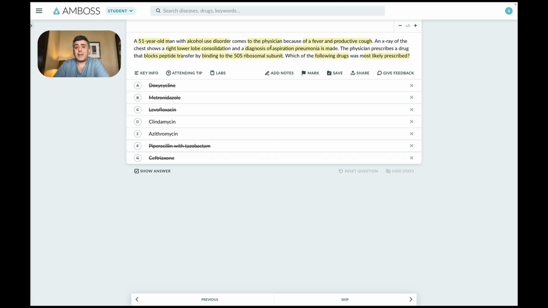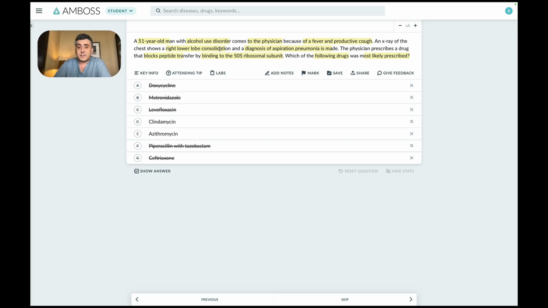Now we need to know that aspiration pneumo, clearly because it's alcohol use disorder, fever, productive cough, x-ray, consolidation, right lower lobe, classic textbook presentation of aspiration pneumo. They might never tell you aspiration pneumo, but they present to you the foul smelling sputum versus the x-ray consolidation versus alcohol use or something dealing with swallowing, dysmotility, something like myasthenia gravis, ALS, something dealing with issues like that.